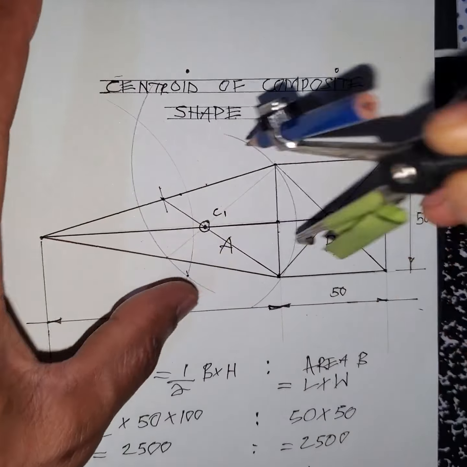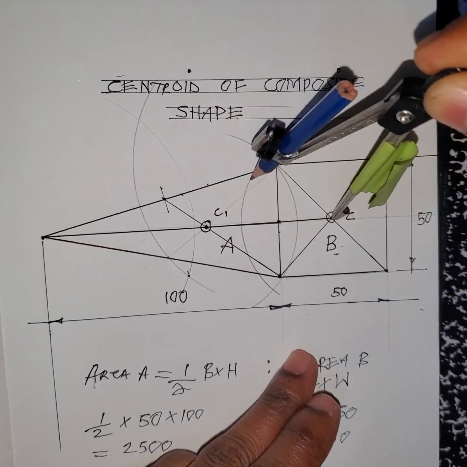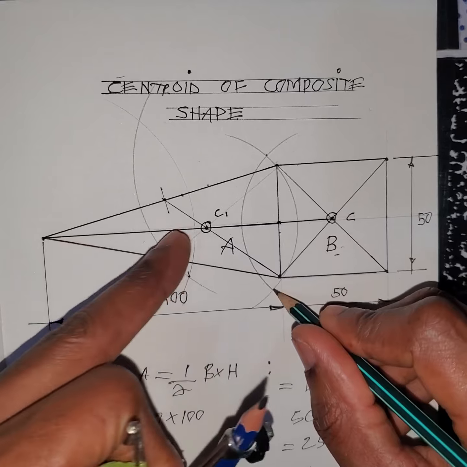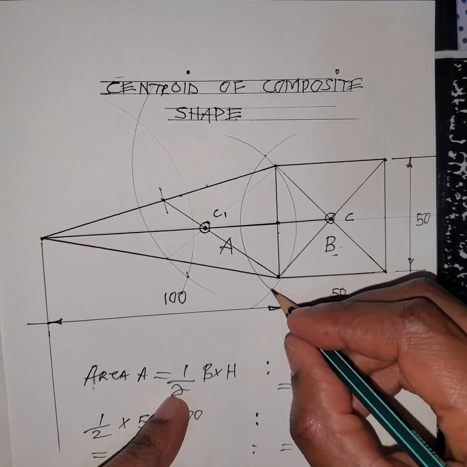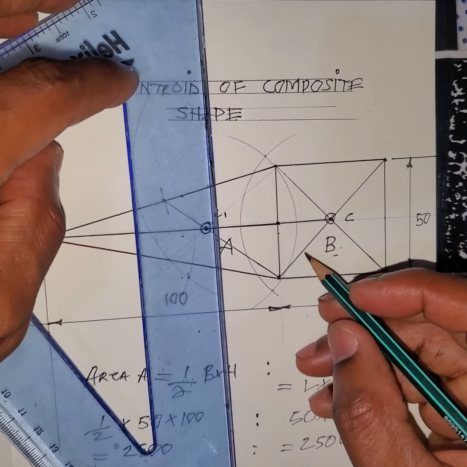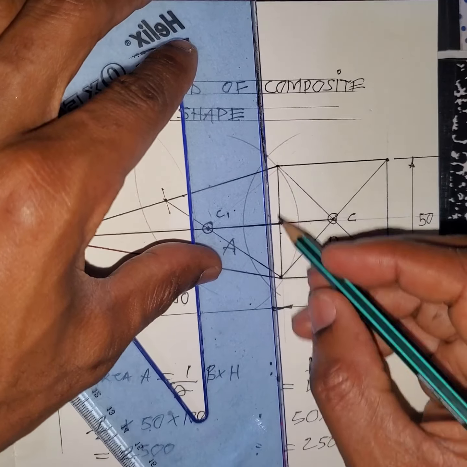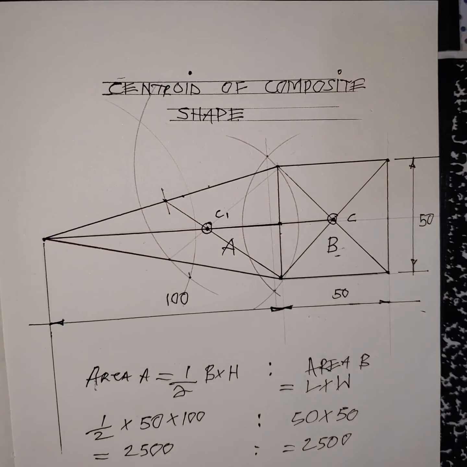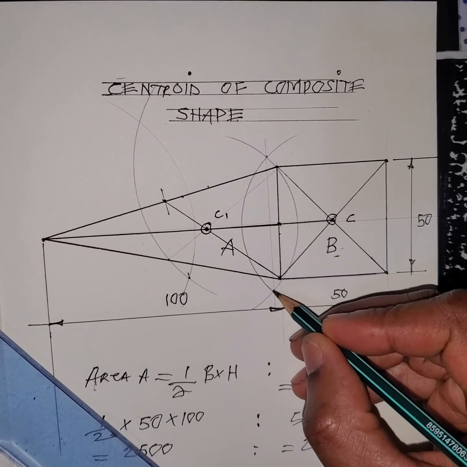Scribe an arc from here to there. Scribe a second arc. Now, if you were using AutoCAD to do this, you would simply draw a line from here to here, then establish the midpoint. And the centroid would be right here.